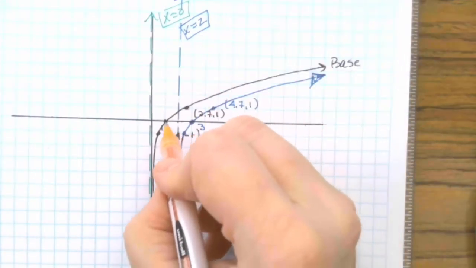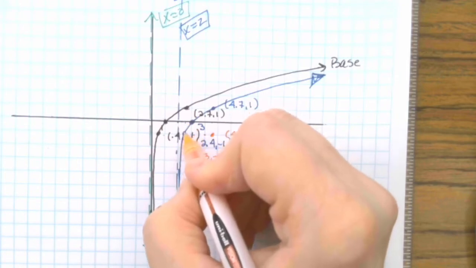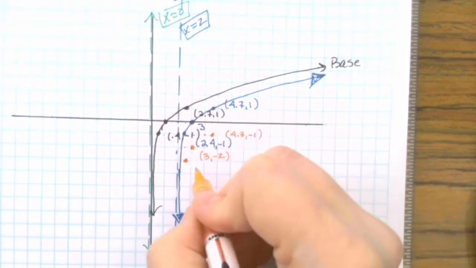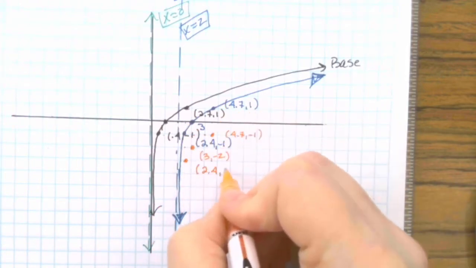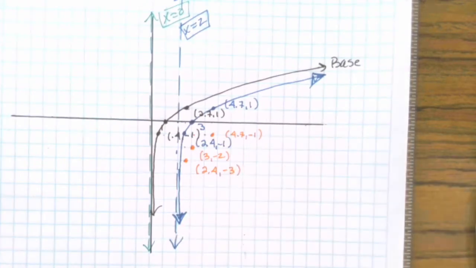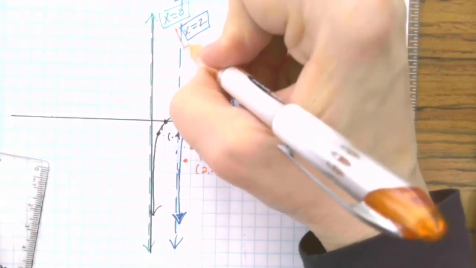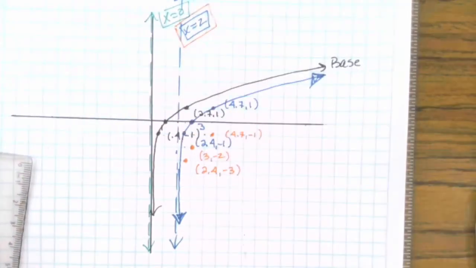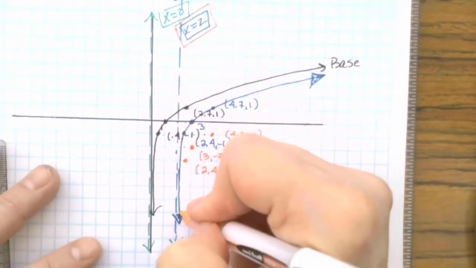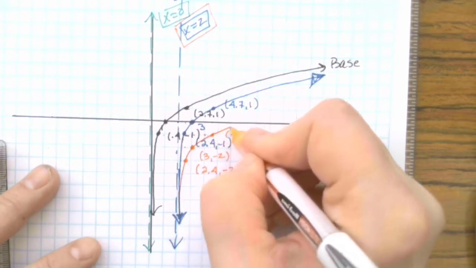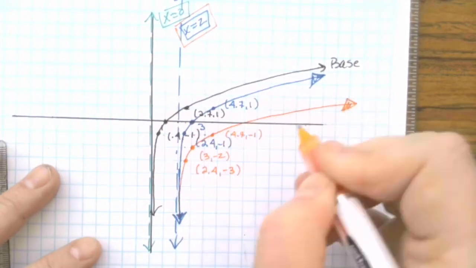And 2.4, 1, 2.4 down 1, 2, 3. Again, the asymptote has not moved because we did the translation down, not left and right. So it's going to get infinitely close and then shoot off.